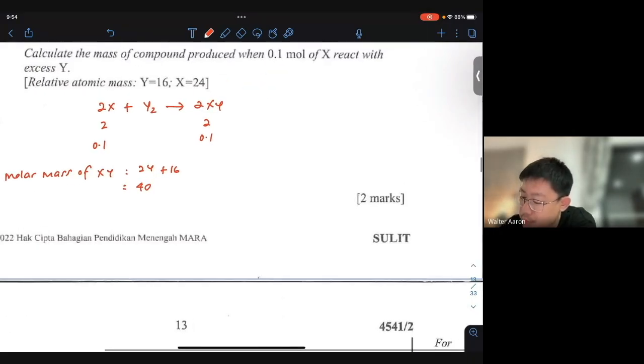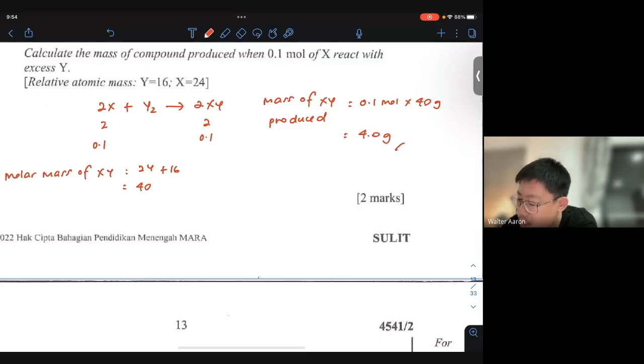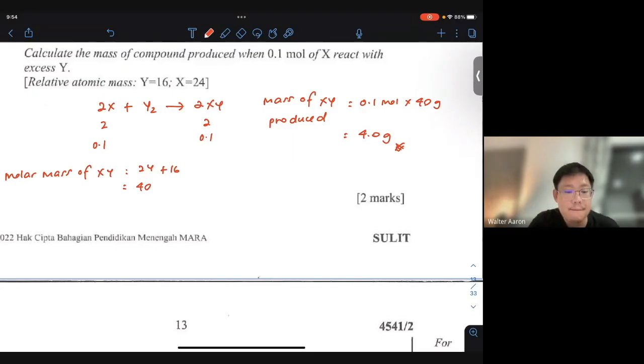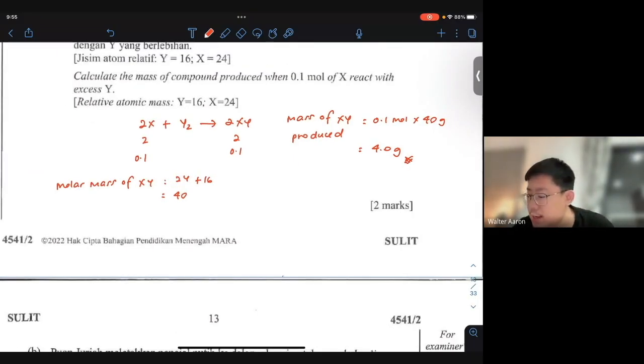So now, mass of XY produced is equivalent to 0.1 mole multiplied by 40 grams. So that would be 4 grams in total. Okay. So you must show your workings clearly in order for you to get 2 marks. 1 mark for showing working and 1 mark for the actual answer itself.